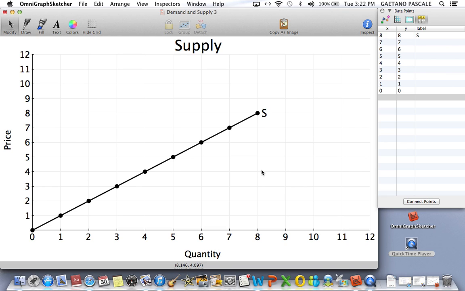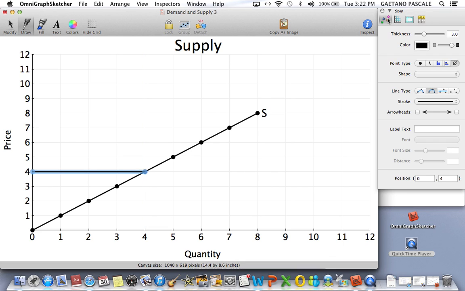Same as with demand, a change in quantity supplied entails moving from one point on the supply curve to another. So here, let's say this is our original point, where the price is equal to 4 and the quantity is equal to 4. Let me draw that in as a dotted line.